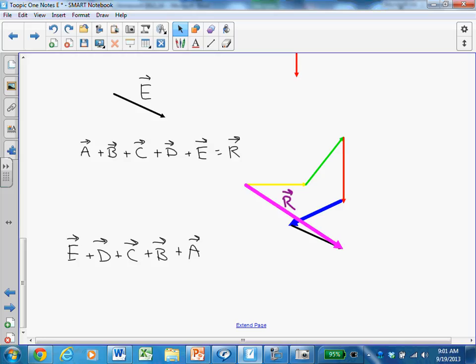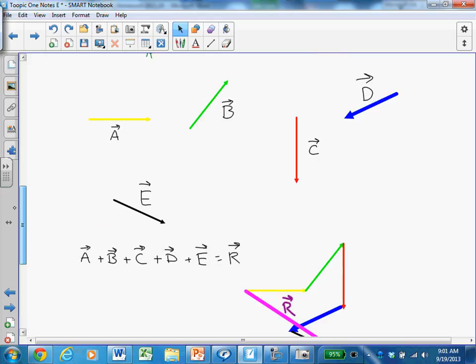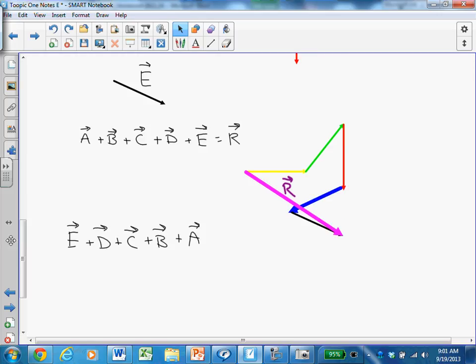Start it off. Grab E. You have to go up. Here, I'll help you. Grab E. Start it off, and place it.